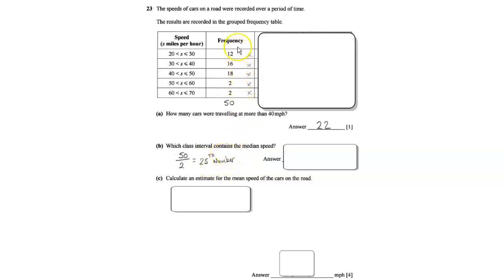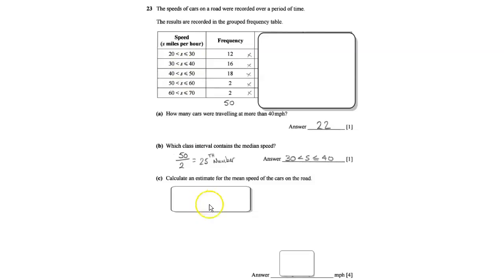We count down from 12 and keep adding until we get to the 25th number, and you'll find it will be in this part here. We start at 12 and then it goes to 28, so 25 should be here somewhere. And the class interval is 30 to 40.